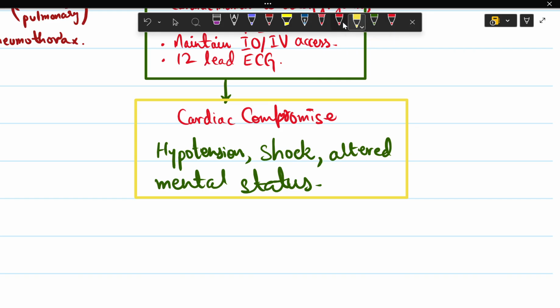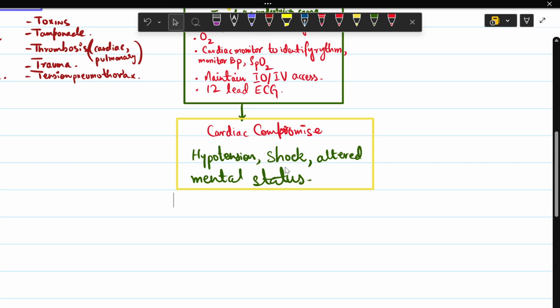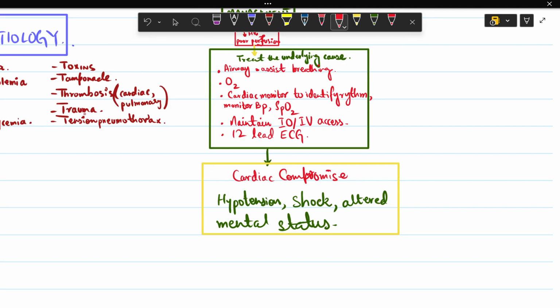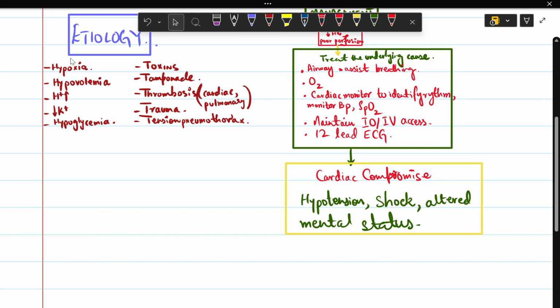These are the broad features you need to look into in the child. Okay, well, when you've monitored the airway, oxygen, you've taken care of a lot of these etiologies already.